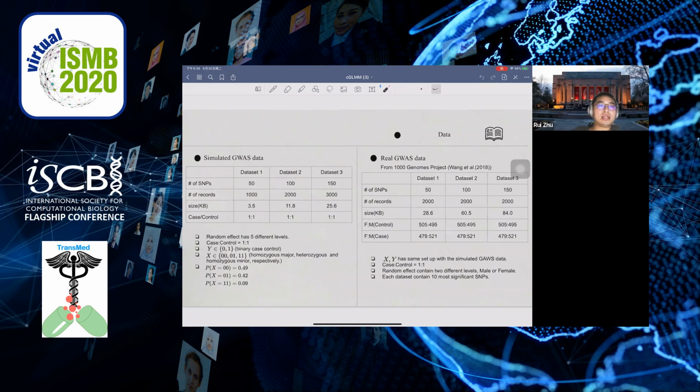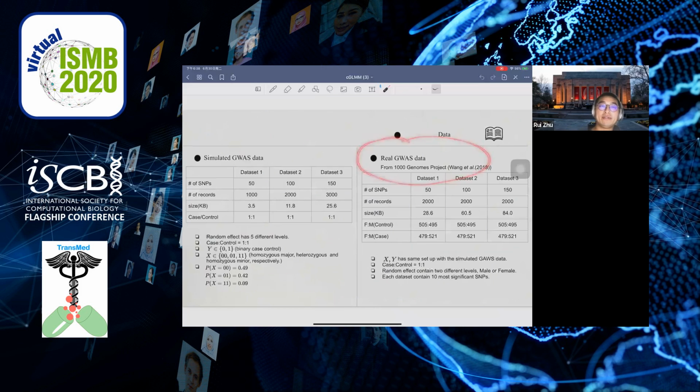X is simulated SNPs. They are either 00, 01, or 11, which means homozygous major, heterozygous, and homozygous minor, respectively. The generated probabilities of those 3 types are 49%, 42%, and 9%.